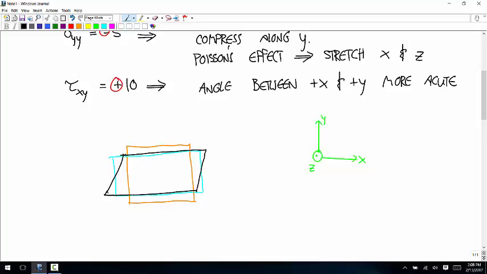Yeah, positive shear strain means the angle between those positive faces gets more acute.